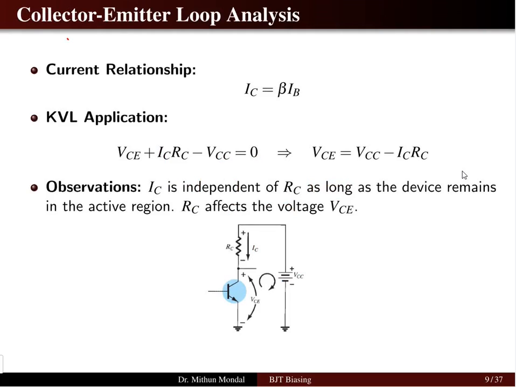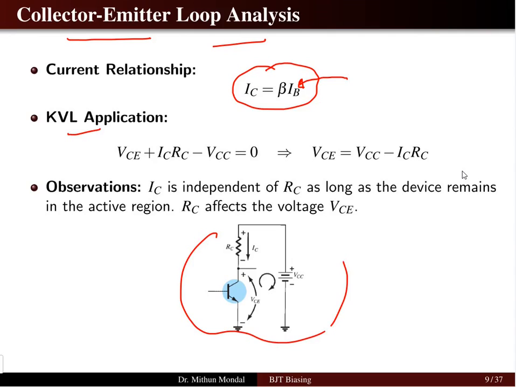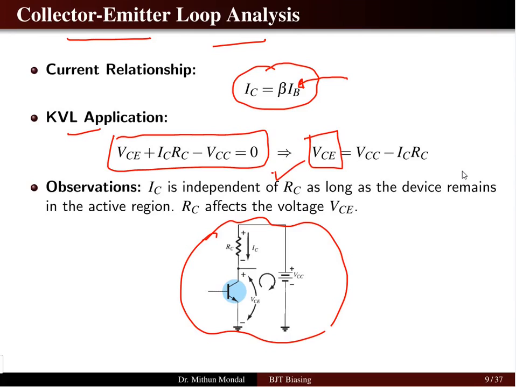Now in the collector-emitter loop analysis, we get the collector current IC is beta times the base current IB. We have seen earlier that first the base current is evaluated, and only then we get the collector current. We can also apply the KVL equation in the outer collector-emitter loop to get the collector-emitter voltage, VCE, which is equal to VCC minus IC into RC.